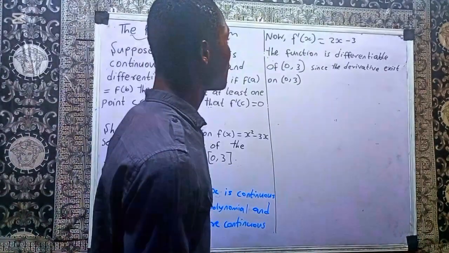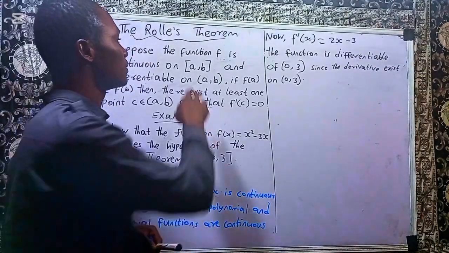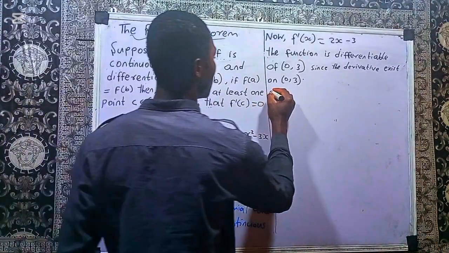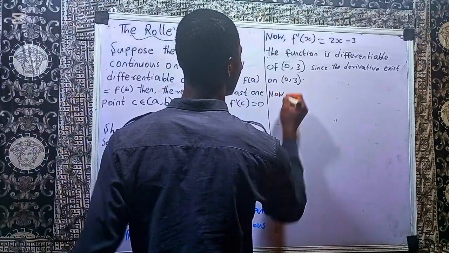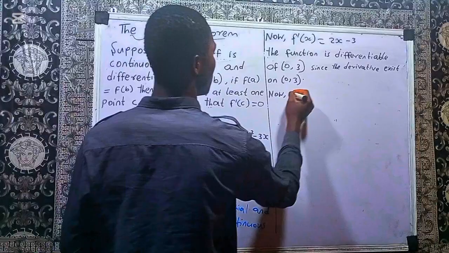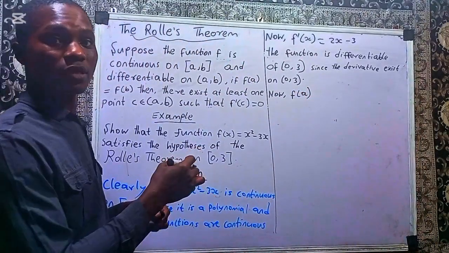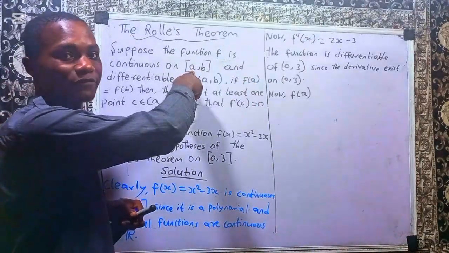The derivative exists. So the next criterion, we check whether the value of the function at the end points will be equal, right? Now, what is f at a? In our theorem, a is standing for the first point.